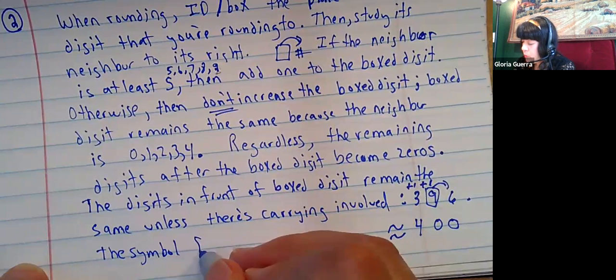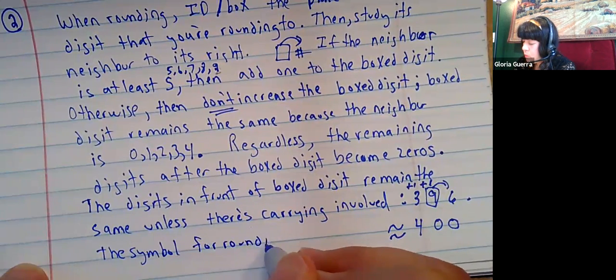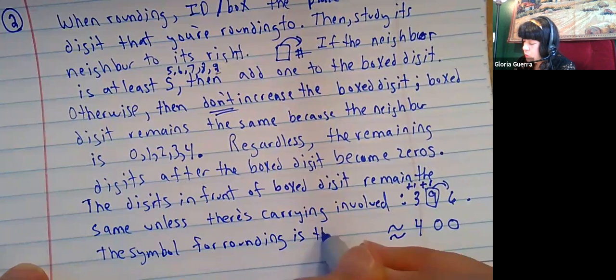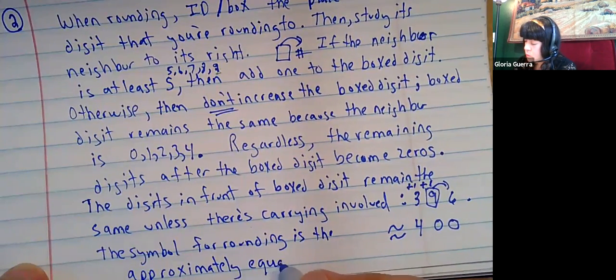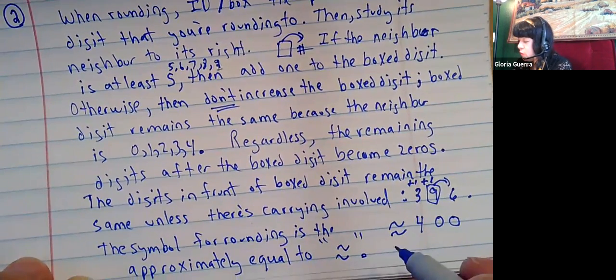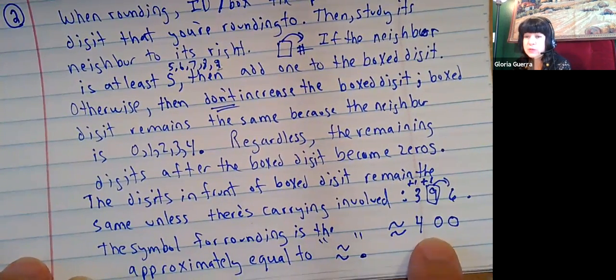The symbol for rounding is the approximately equal to, and it looks like that. It's a courtesy to let the reader know that this number wasn't exactly like this. This number was something else, and then you approximated it, you rounded it off. So it's a courtesy. Okay.